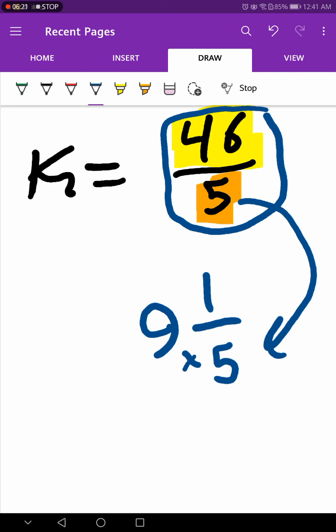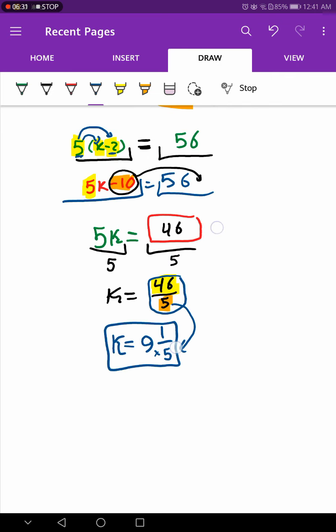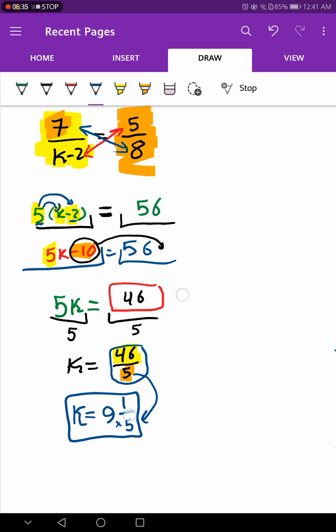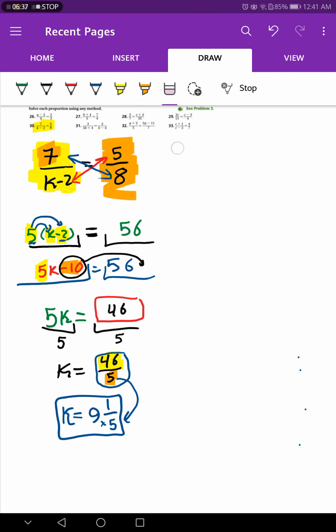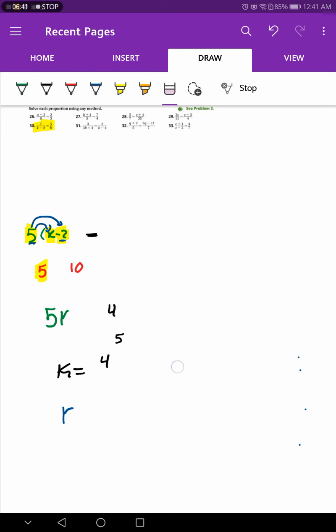It is 1, and this is the k. Okay, you can find this is 9 and 1 over 5. Okay, my dear student, are you happy now? No? Why? Okay, you still have confusion. Okay, I will do one more example for you, and I'm sure you will be happy, inshallah.